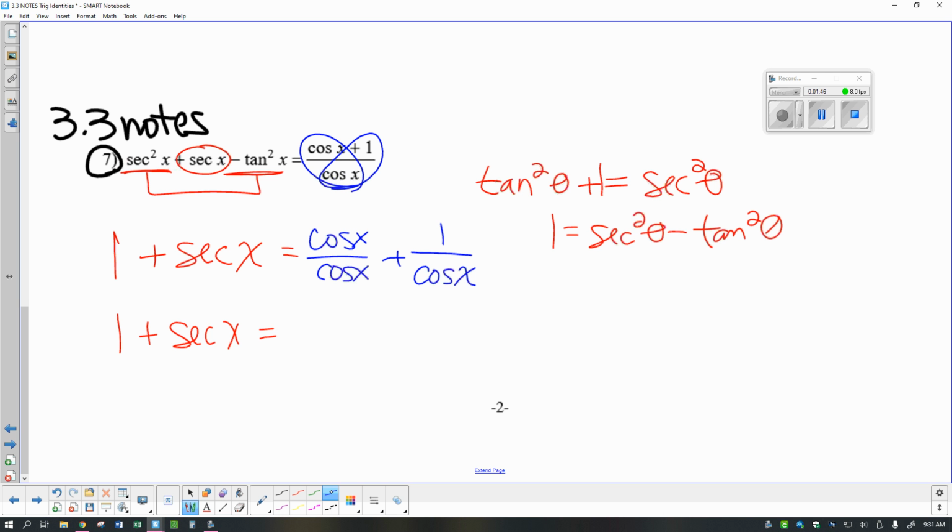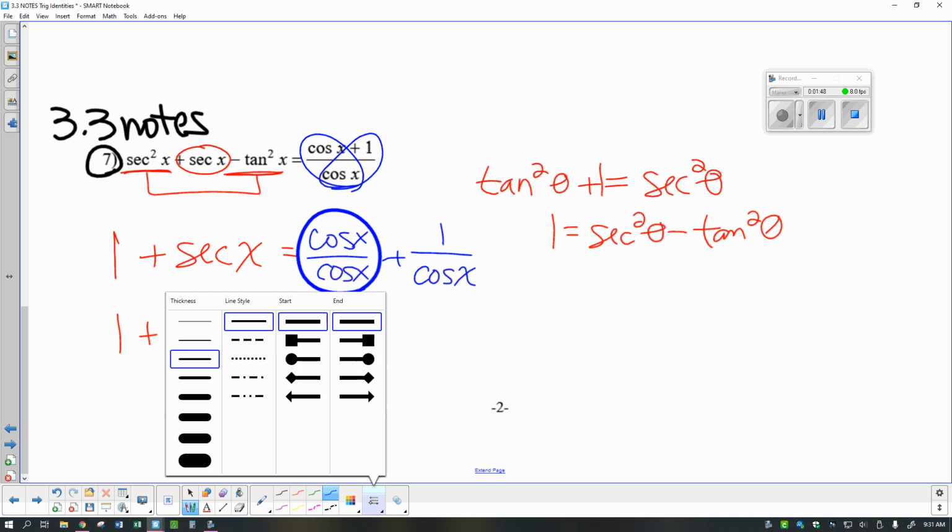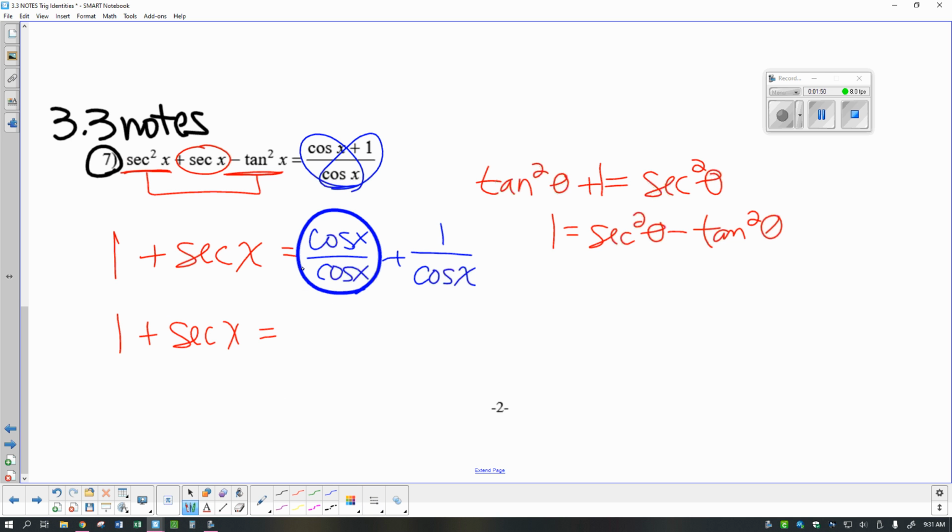And now I can transfer this cosine of x over cosine of x to 1. And I also know what 1 over cosine is, and that is secant. So remember, you're trying to get the left side to look like the right side, be identical. And I'm done with this one. I can stop here.